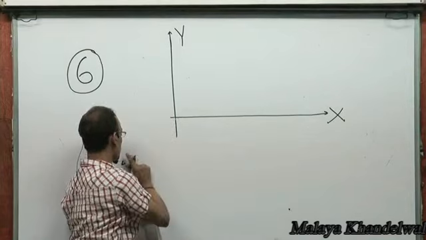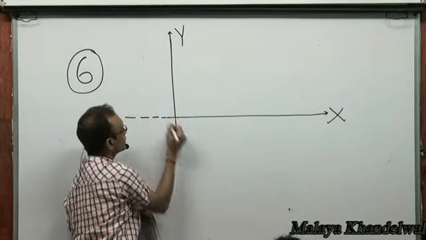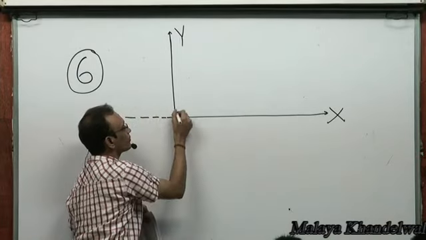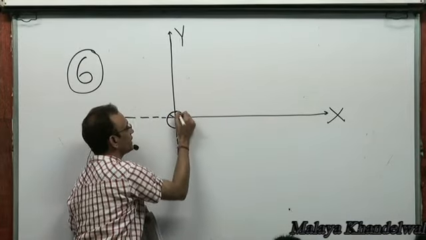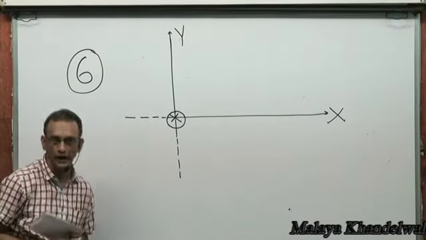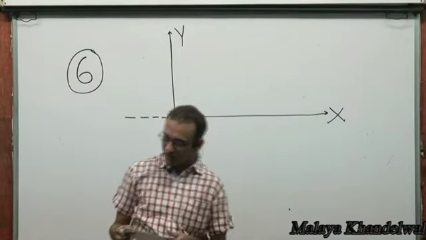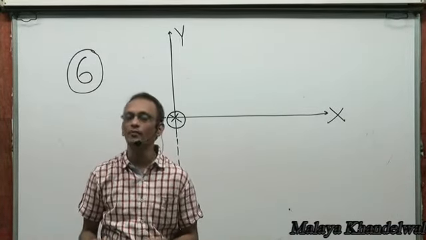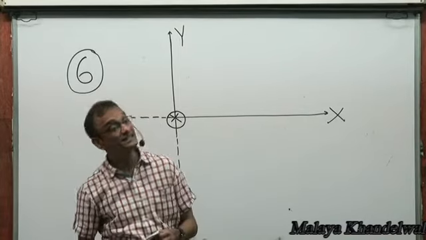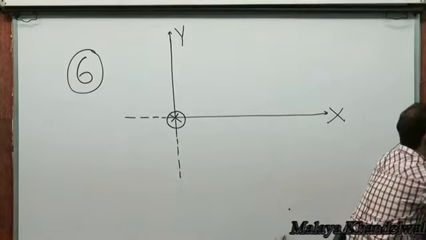So just to avoid clutter, this is a long wire carrying current into the plane of the board. Clear? The magnetic field vector B at x comma y in a plane z equal to constant. That's what we want to be able to calculate.